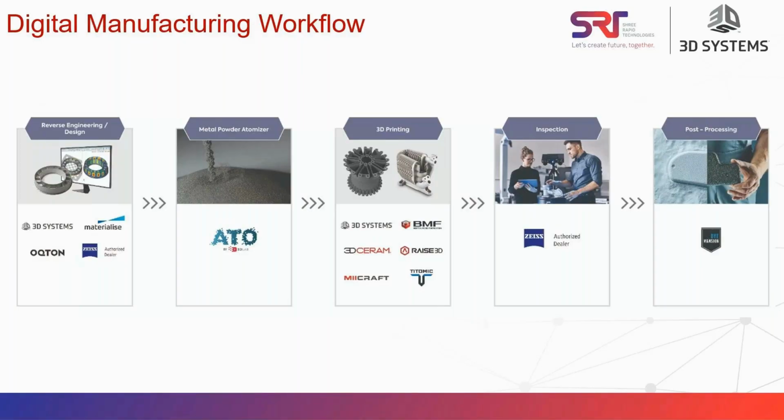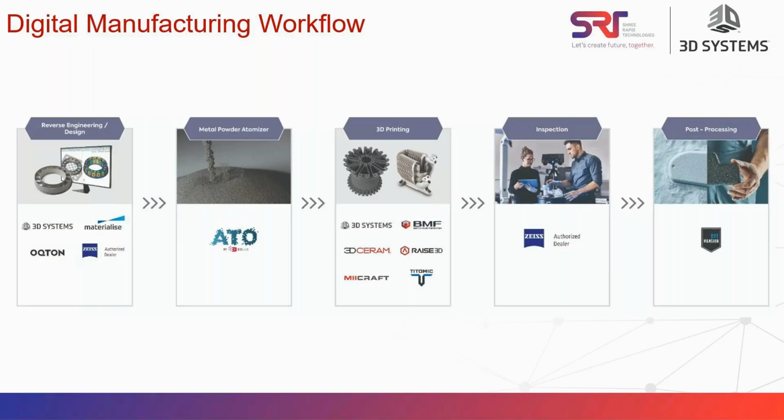3D Ceram, with whom we have a partnership for technical ceramics part printing. Rize is one of the familiar brands, with world class professional grade printers like FFF based solutions, DLP, desktop SLS, and Micron Titanic. For inspection, we have a partnership with JICE.